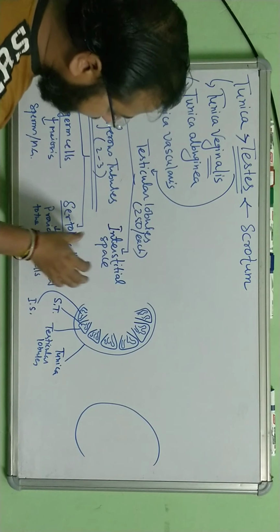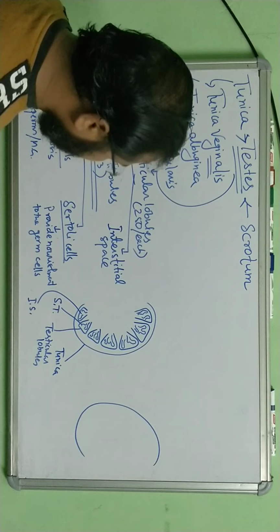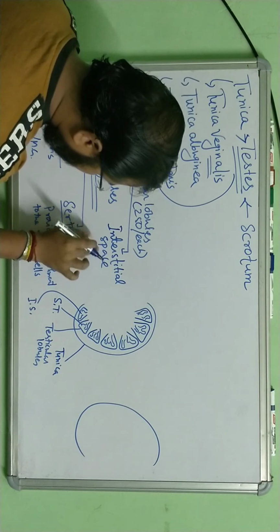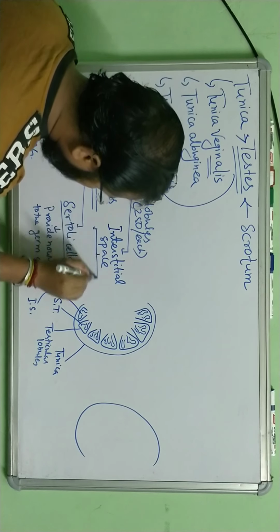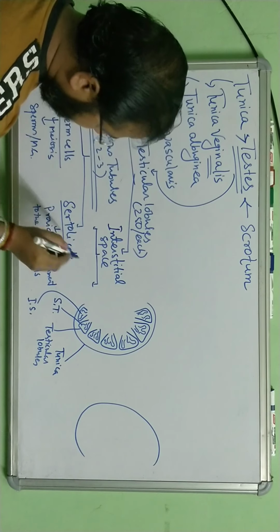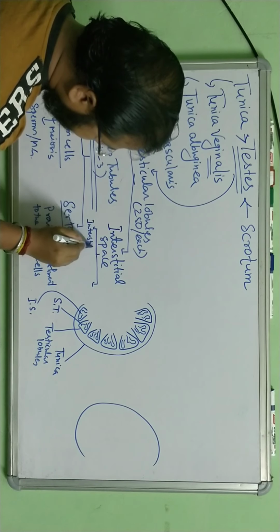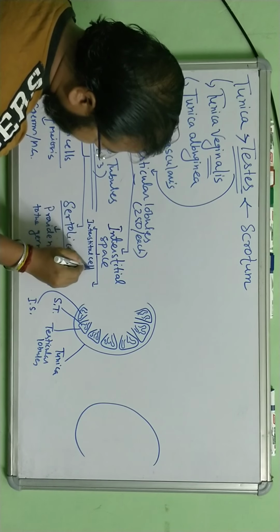Now we are left with the interstitial space. The interstitial space is a very small area. Here in the interstitial space, there are interstitial cells.